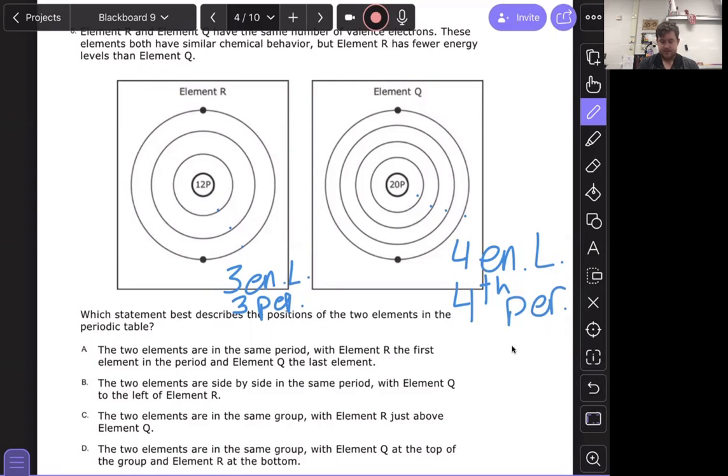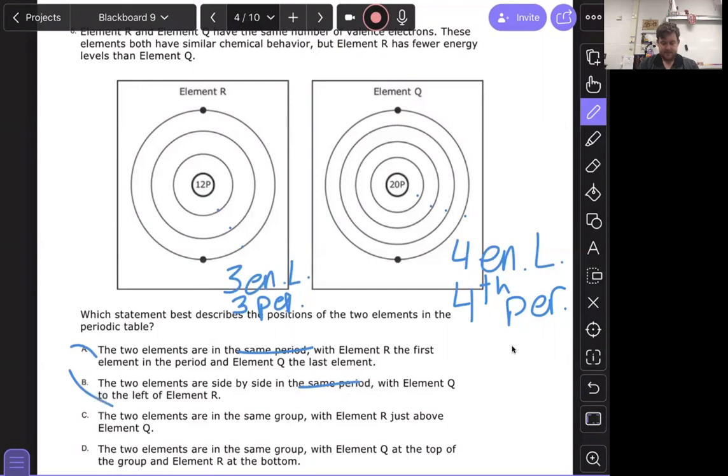All right, so I'm looking for something that says that they are in the same group, but not the same period. The 2 elements are in the same period. Well, I know that's wrong. The 2 elements are side by side in the same period. Well, I'm not in the same period.